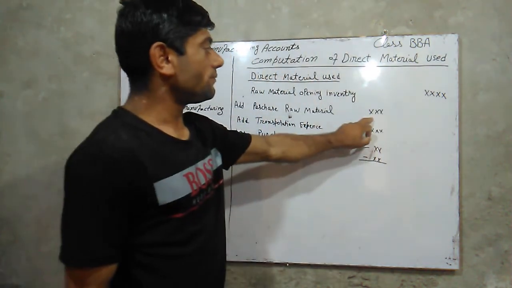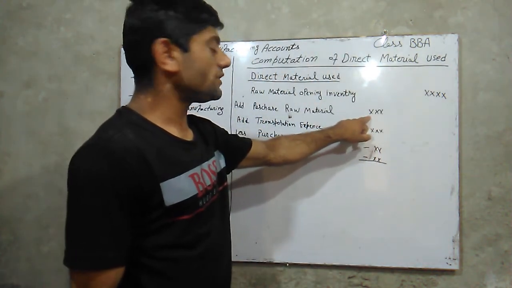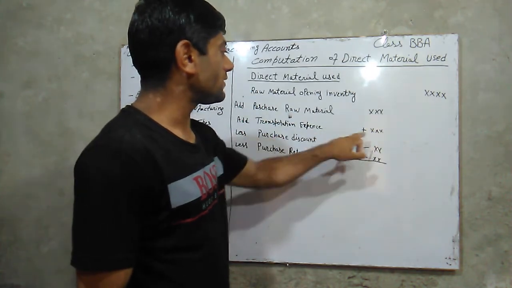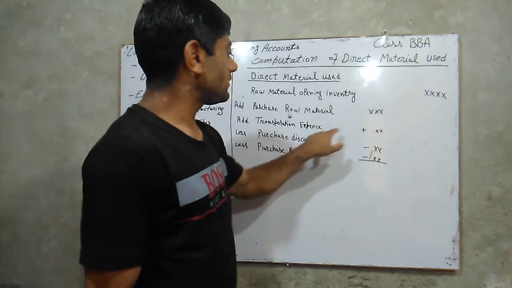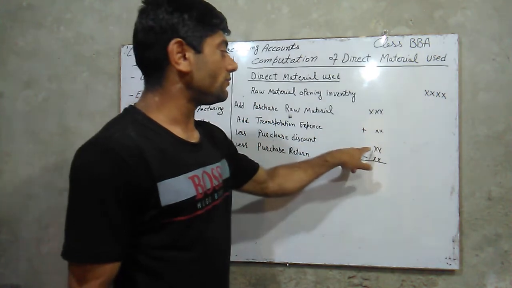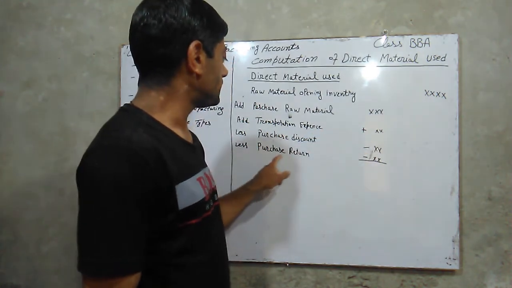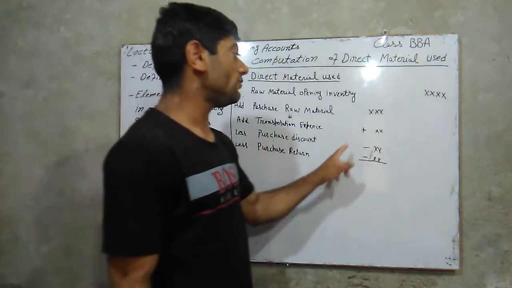Means this value is the purchase of raw material, this is the expense on the purchase, and the purchase discount will be less from purchase of raw material, and purchase return also less.